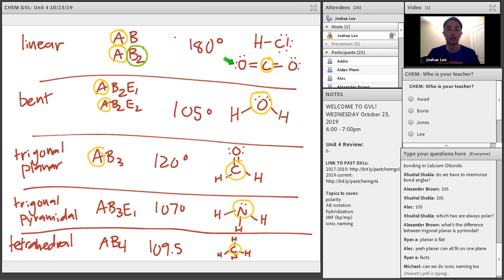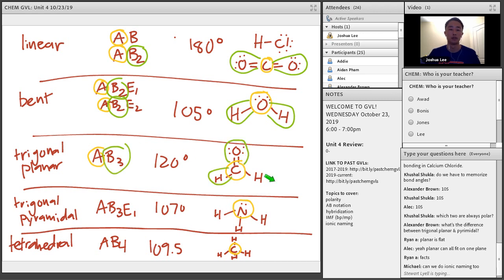In this case, we have one thing attached, two things attached, one, two. So that's why it's B2 for them. B2, B2, B3 because we have one, two, three. And then B4, one, two, three, 4.